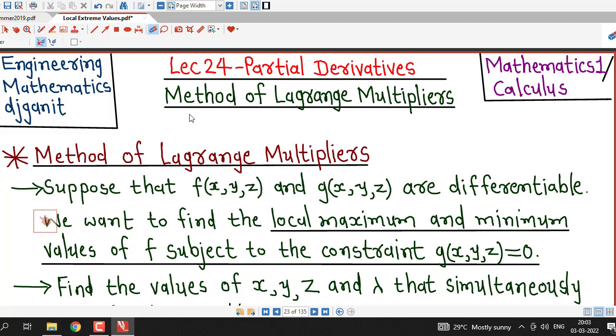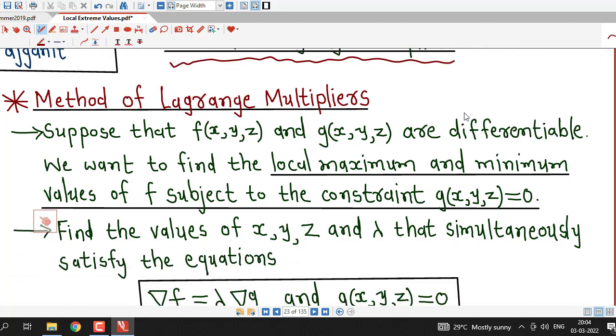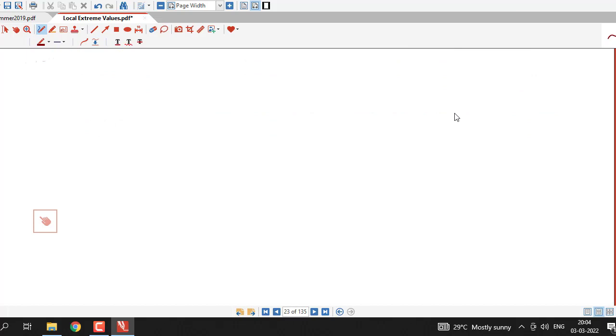In this lecture, we are going to discuss the method of Lagrange multipliers. We will see when we can apply the Lagrange multipliers method to find the maximum or minimum values of a given function.